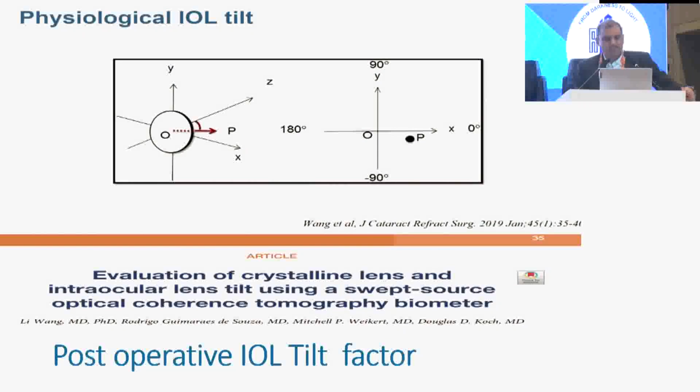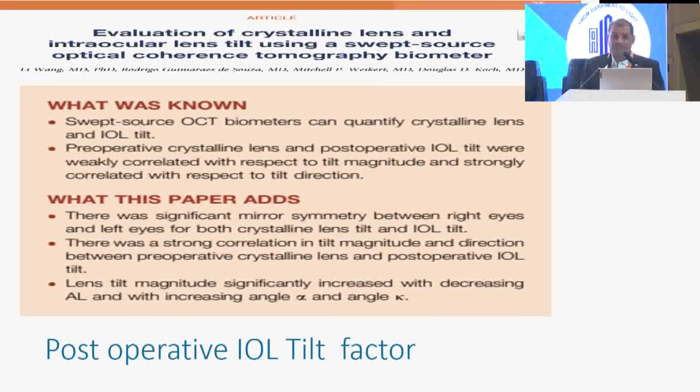Recently, Dr. Douglas Koch and Li Wang published a paper on this physiological IOL tilt factor. They concluded that there is significant mirror symmetry between the right eye and the left eye for both the crystalline lens tilt and the IOL tilt factor. There is a strong correlation in tilt magnitude and direction between the preoperative lens and the postoperative IOL tilt factor.